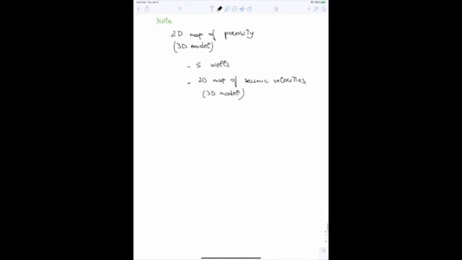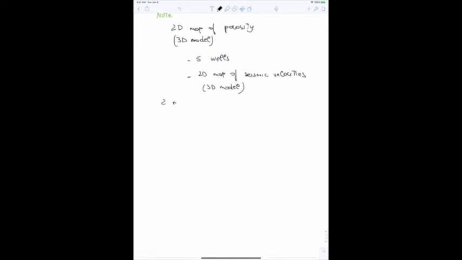There are generally two ways to do it. Method number one is you solve an inverse problem, the rock physics inverse problem that you did in the homework.